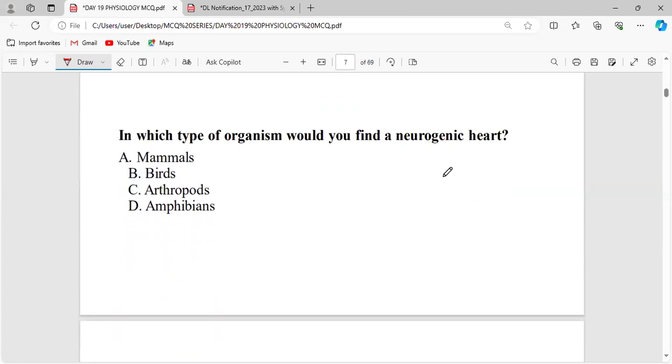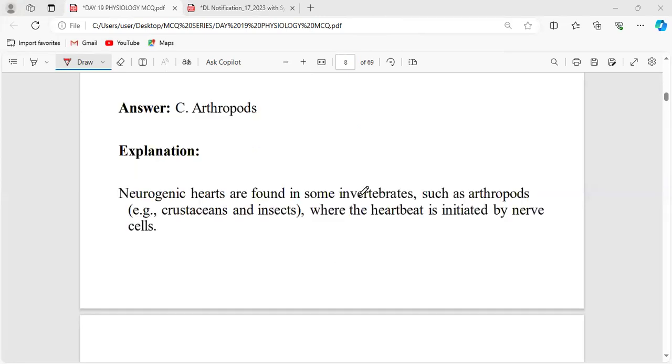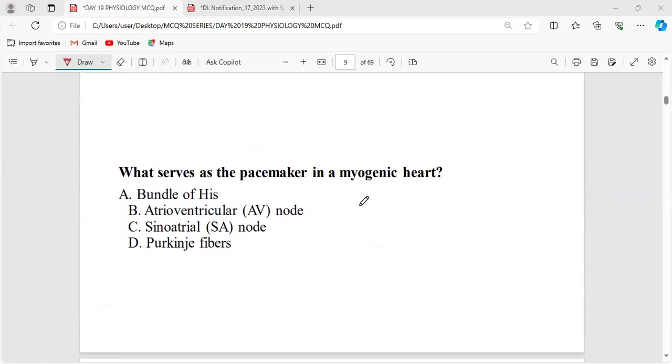And in which type of organisms would you find the neurogenic heart? Mammals, birds, arthropods, amphibians? That will be arthropods. What serves as a pacemaker in a myogenic heart?